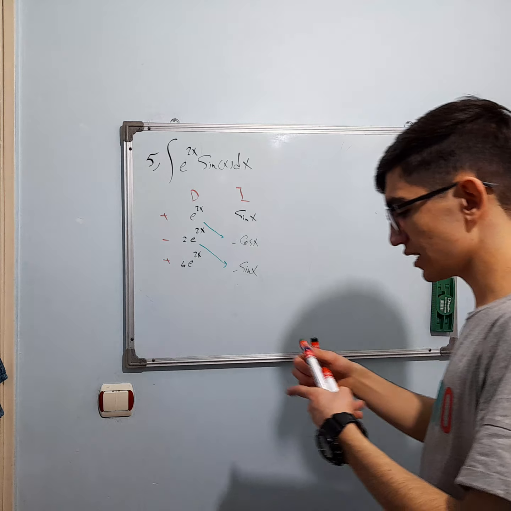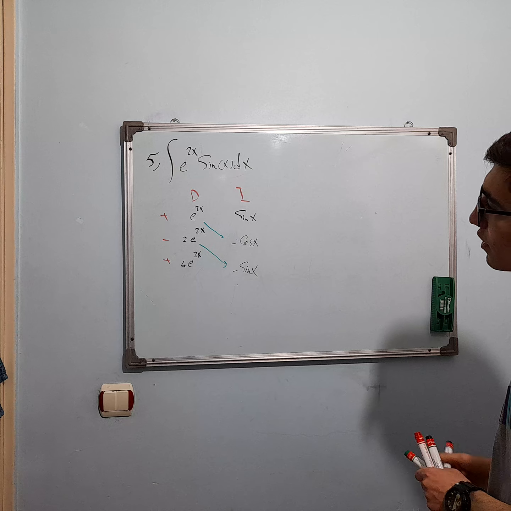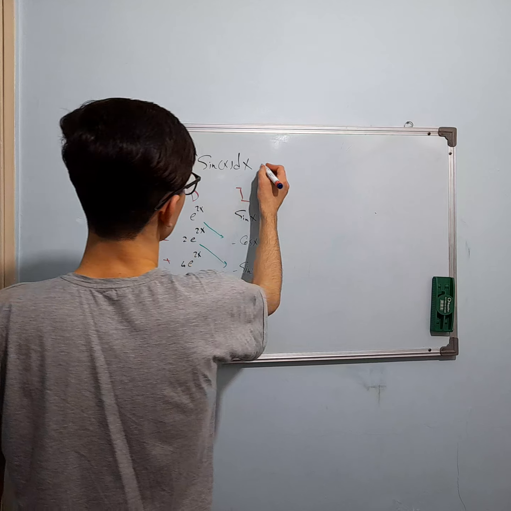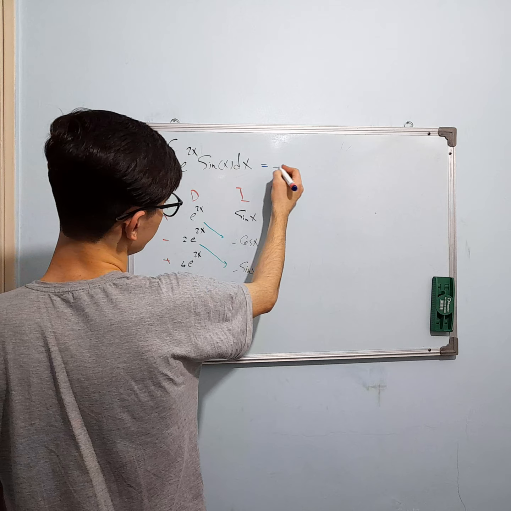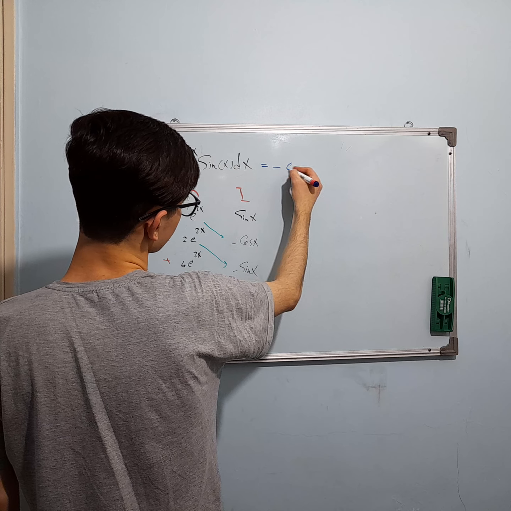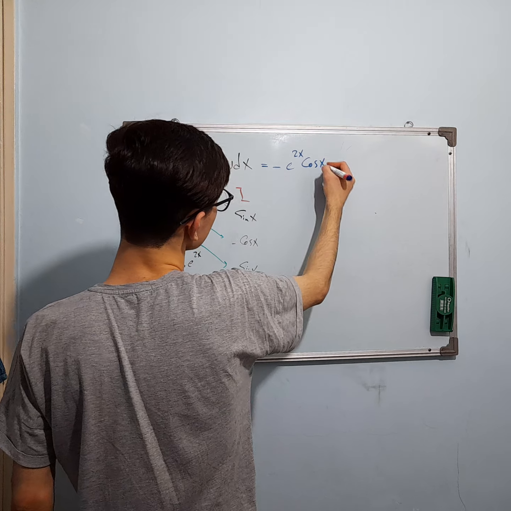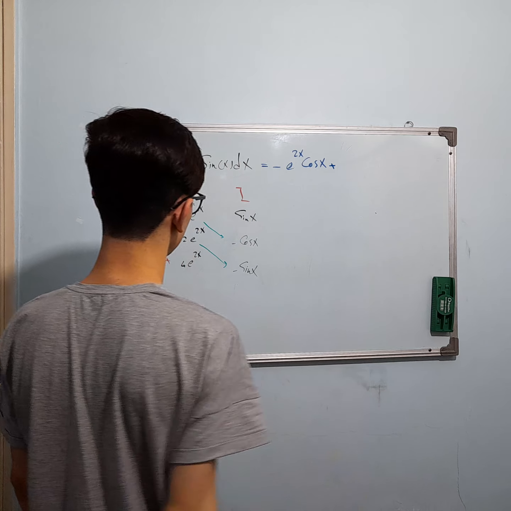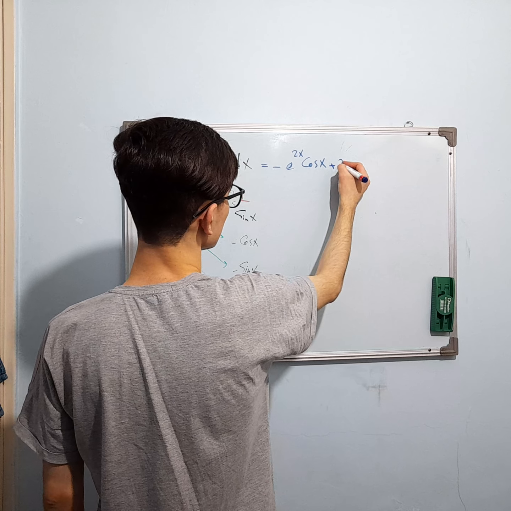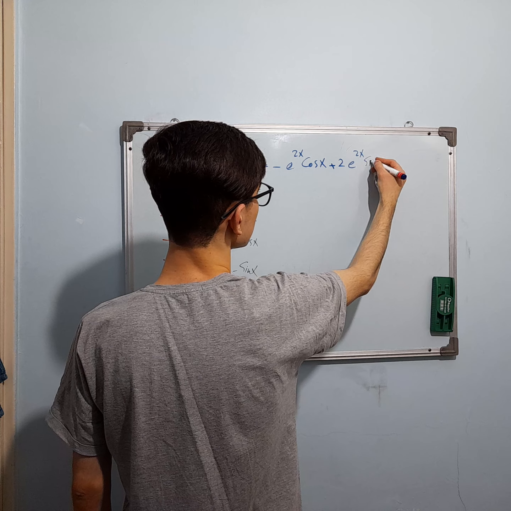So let's see what you'll get. So e to the 2x times negative cosine, negative e to the 2x cosine x, plus 2 e to the 2x sine x.